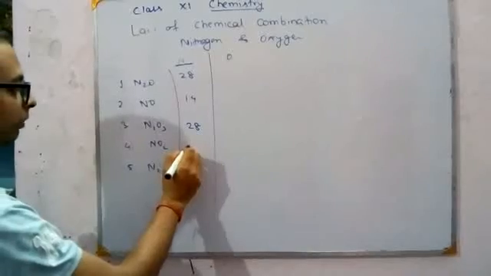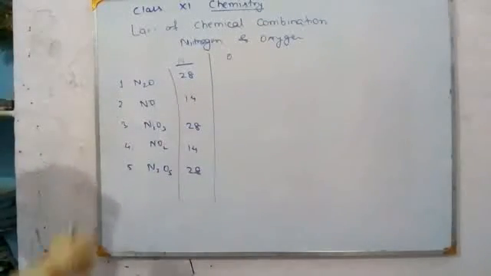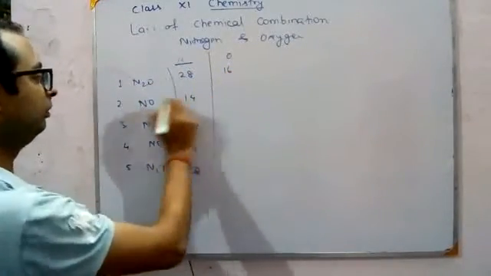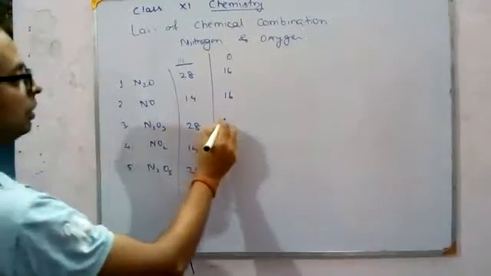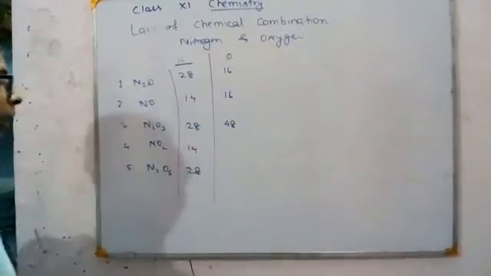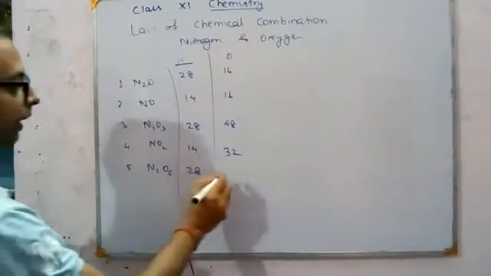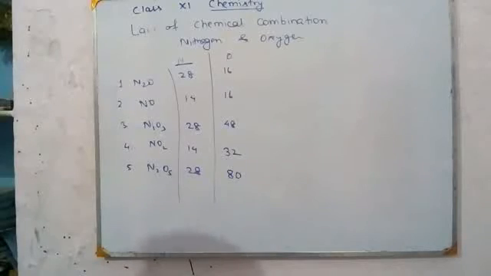In NO2 here also it is 14, and in N2 it's 28. That's done. What is the value of oxygen in these compounds? O is 16, here also it is 16. 3 times 16 is 48. That's done. NO2, 16 times 2 is 32. N2O5, 16 times 5 is 80. Okay. Now what do we do in this?